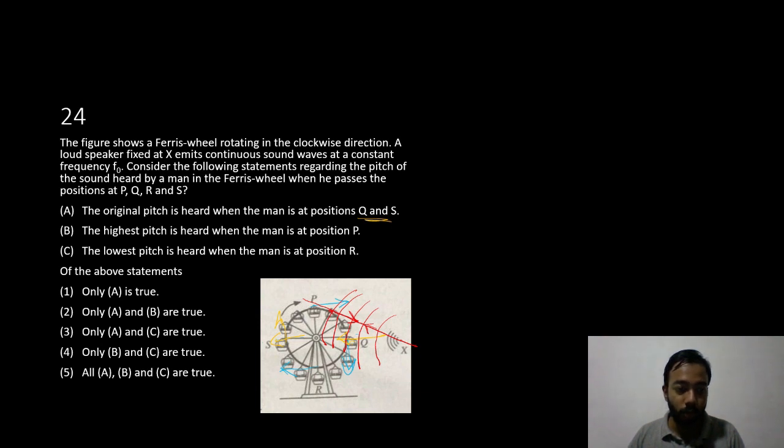So the answer should be either answer number 1 or 5. The marking scheme is not released yet, so I need to check this with the marking scheme. Or maybe I have made a mistake, so it is open to you whether I have made a mistake or whether my reasoning is correct. Right, so let's move on to the next question.